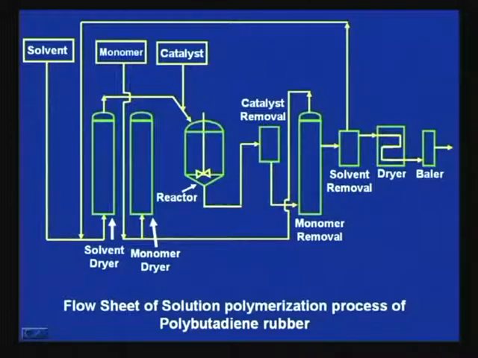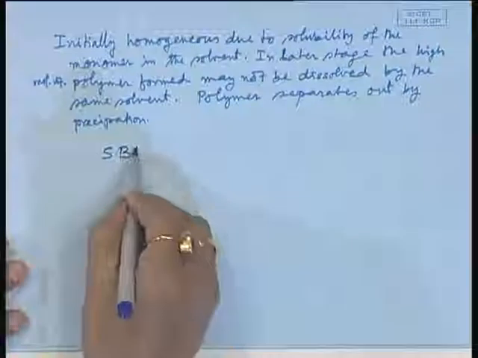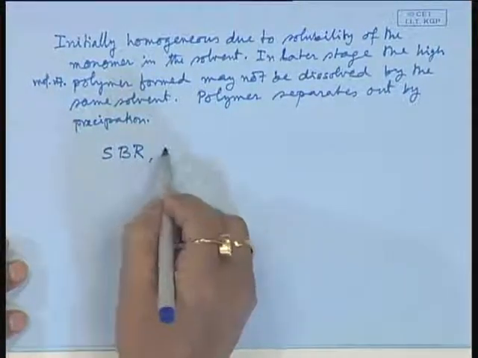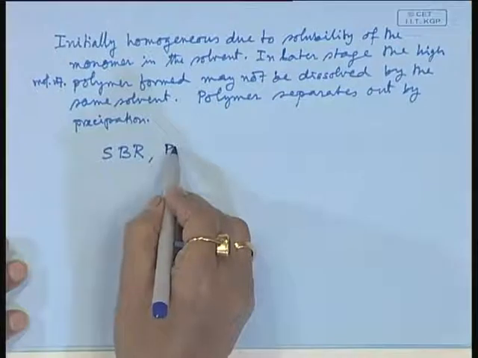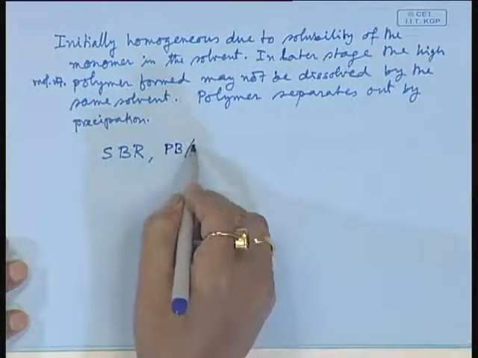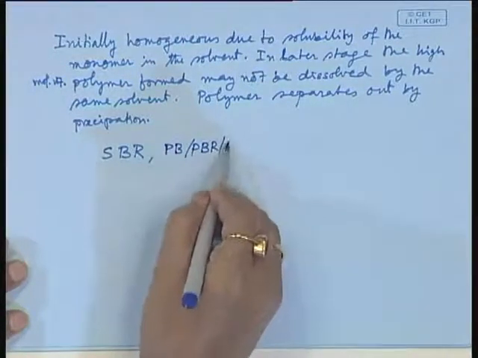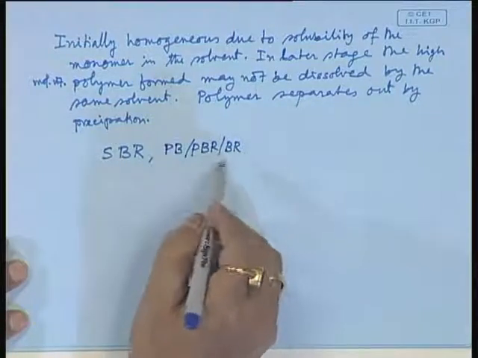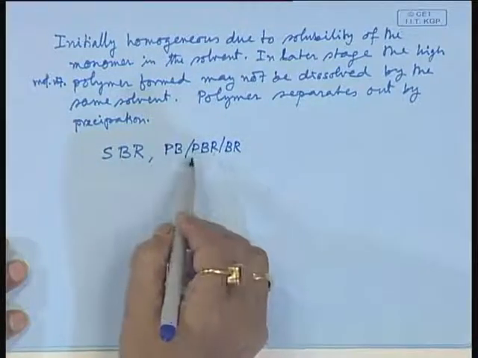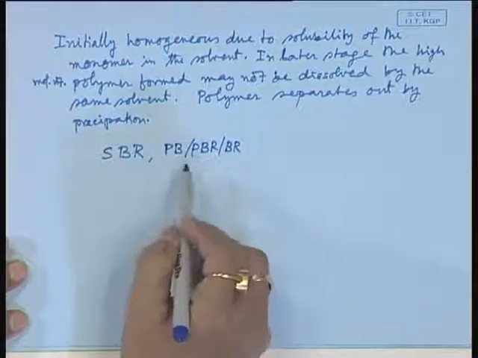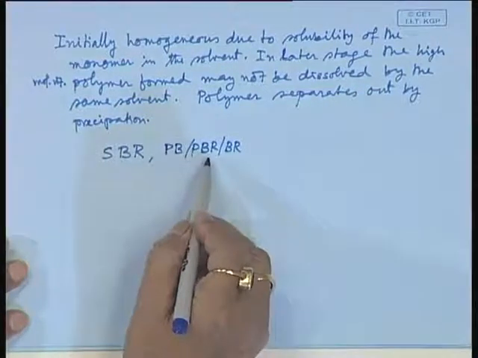Here you look at the flow sheet of the solution polymerization process of, say, polybutadiene rubber. Now, this SBR, styrene butadiene, polybutadiene, PB, sometimes PBR or sometimes BR, same. You will find these abbreviations for the same polymer in different books. Either it is called polybutadiene PB or PBR or BR.